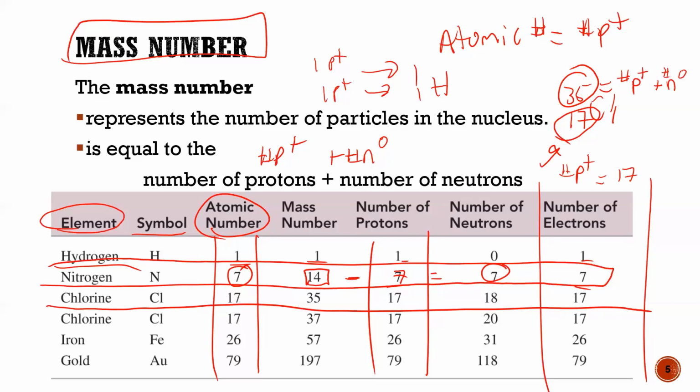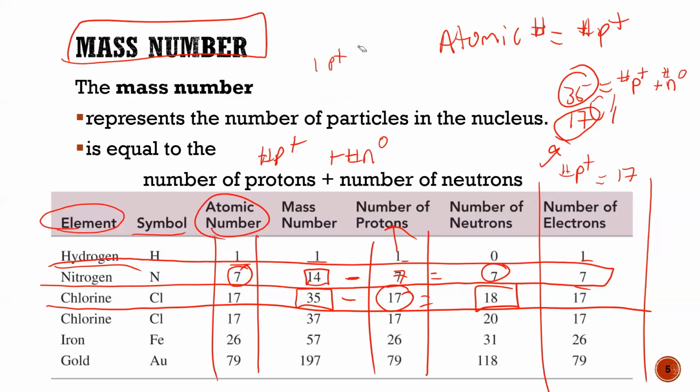So how many neutrons do I have? Well, if my mass is 35 and each proton and neutron is 1, I subtract 17 protons from 35. What's 35 minus 17? 18. So I have 18 neutrons.